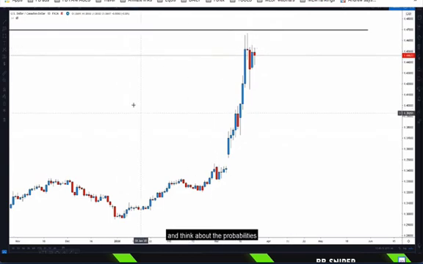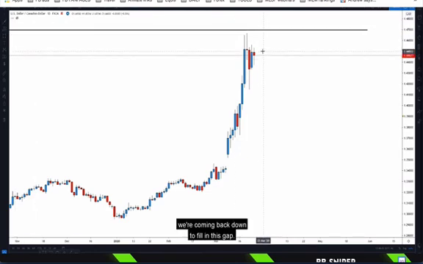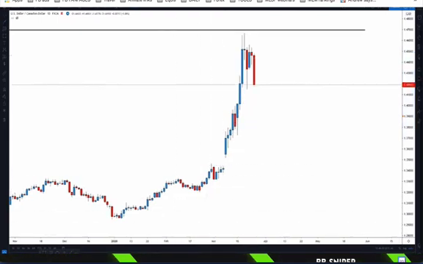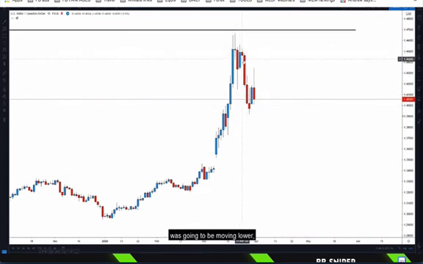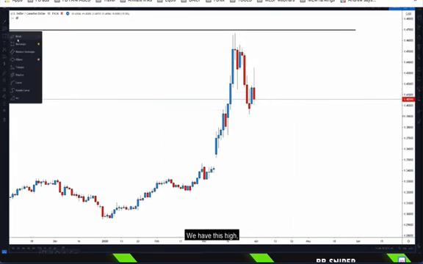If we were to interpret this and think about the probabilities of the market continuing to move higher or coming back down to fill in this gap, once we started to see some evidence that the market was going to be moving lower, watch what happens within the price action.